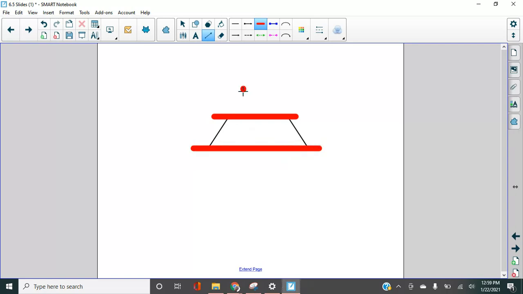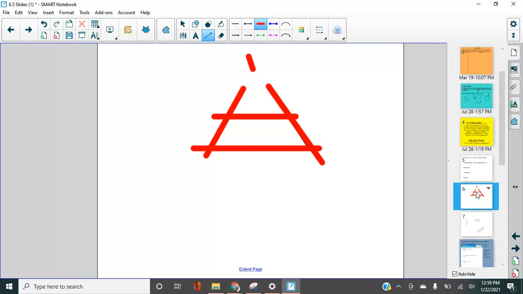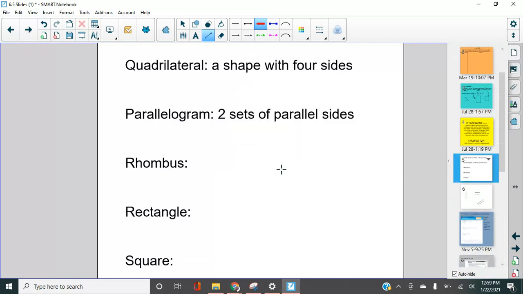But look at these. Are those parallel? No, right? Those are not going the same direction. Those are going to meet somewhere up here. Okay, so we have parallel. Some shapes that have parallel sides. If it has two pairs of parallel sides, it is a parallelogram.